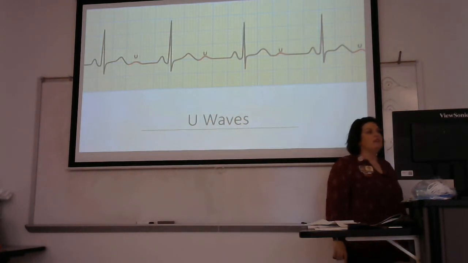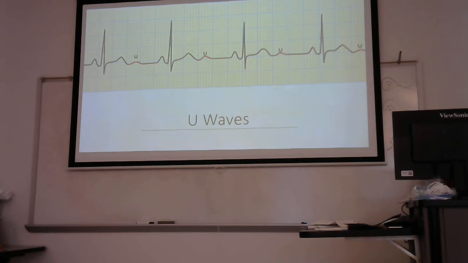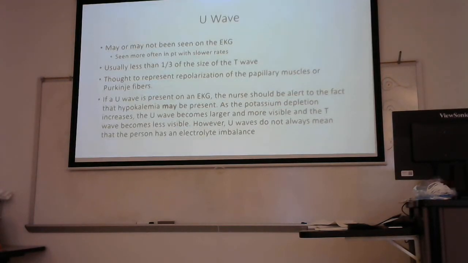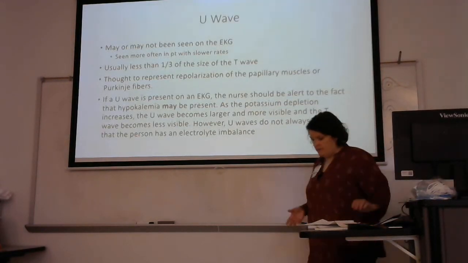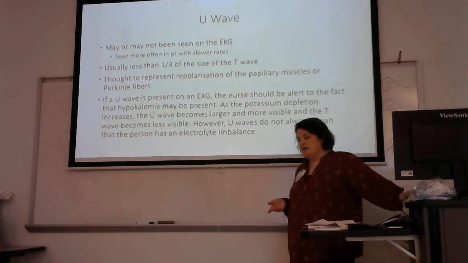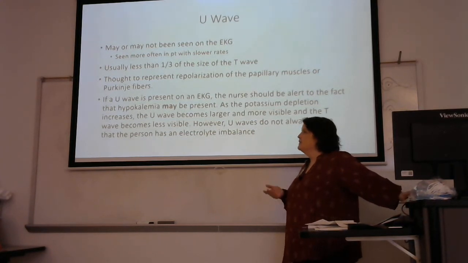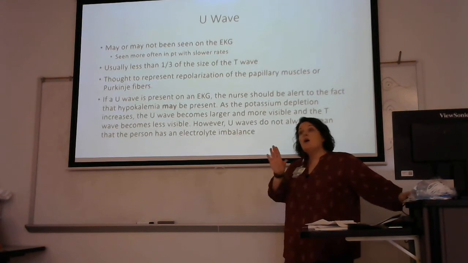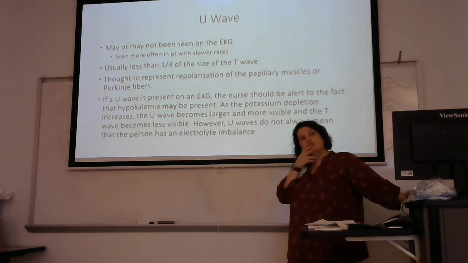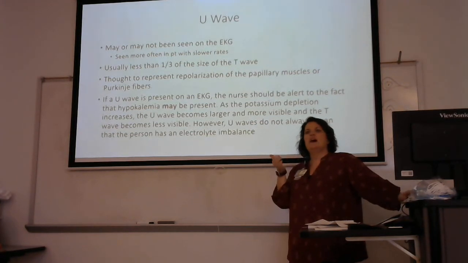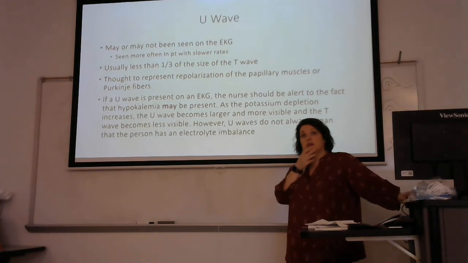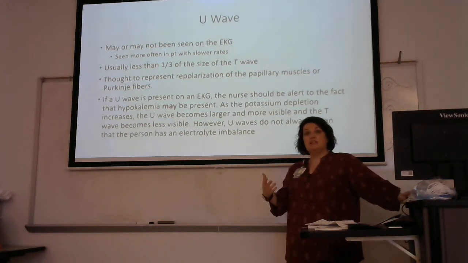So let me tell you what this U wave could mean, okay? The reason we're concerned if we see a person has U waves is it could be indicative that they have a low potassium level. Not always, but it could potentially mean that. So if you see someone having these U waves, the first thing I want you to think about is, what's their potassium level? Go to the chart and look, is there a recent potassium level?